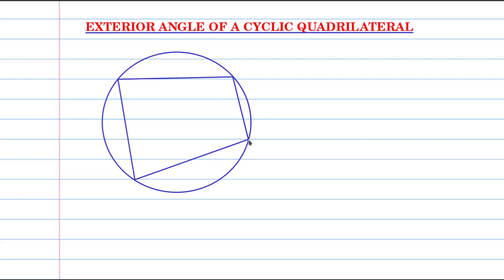Then what is this exterior angle? If you extend one of these sides like that, there is an angle formed outside the quadrilateral. This angle here. Now that's the exterior angle we are referring to.